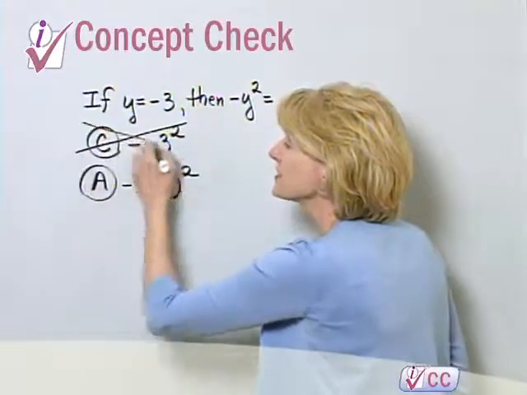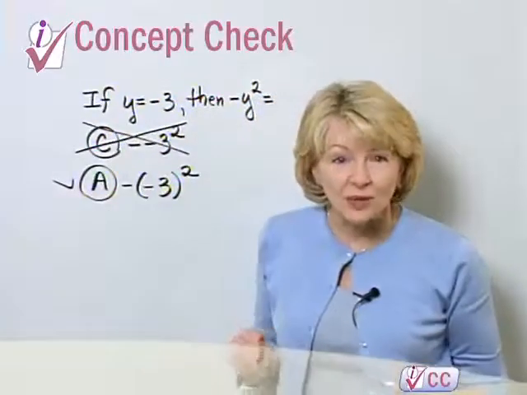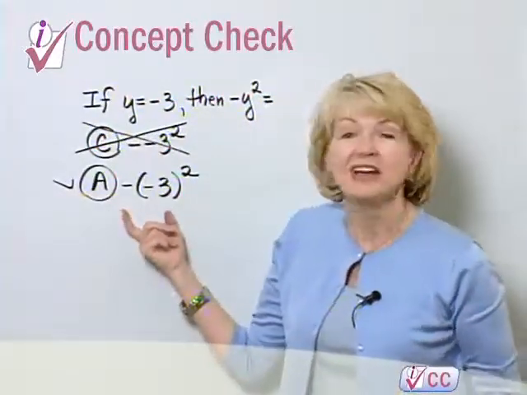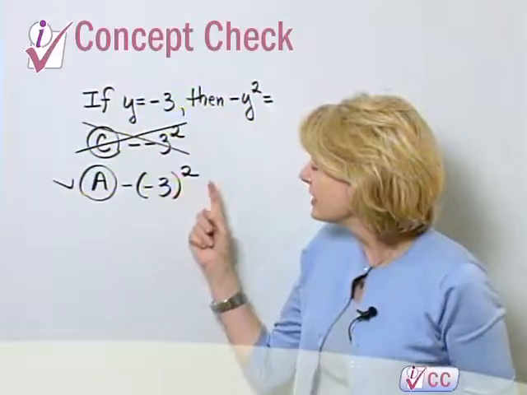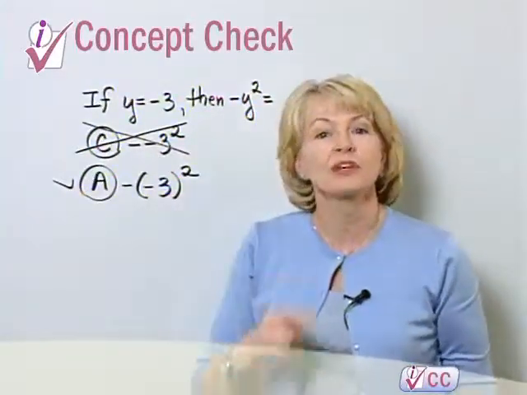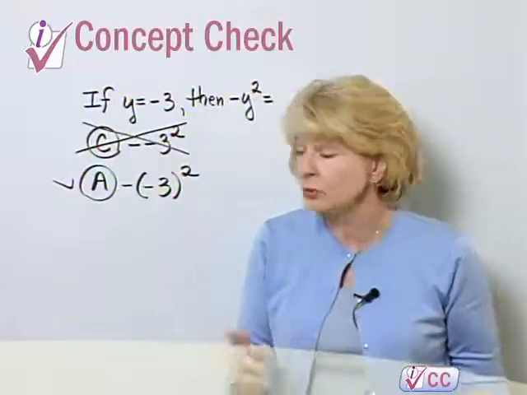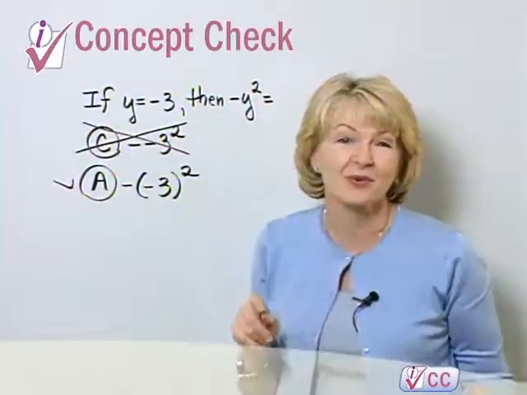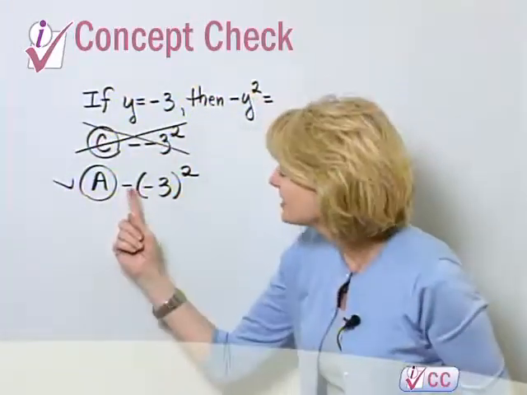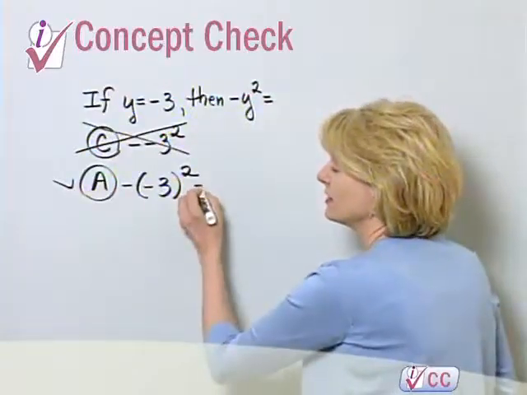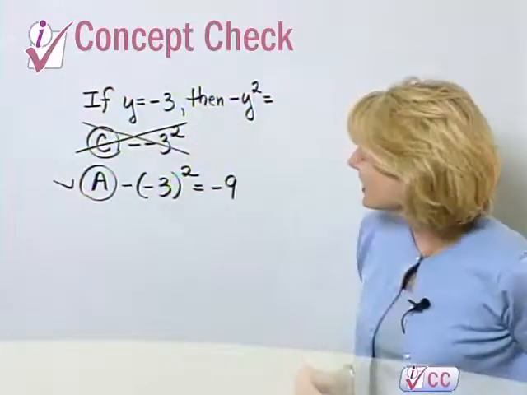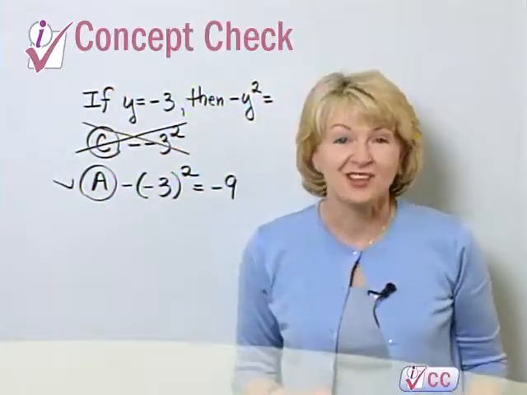So C is incorrect. A is the correct choice. Now, by the way, how do we evaluate this? It is the square of negative 3, so it's negative 3 times negative 3, just as this asked for, which is 9, and then it's the opposite of 9, or negative 9. A is the correct choice.